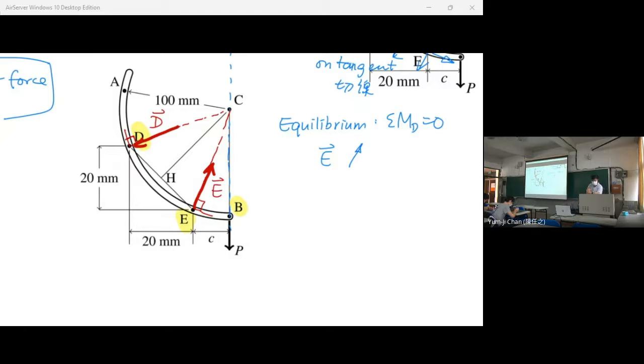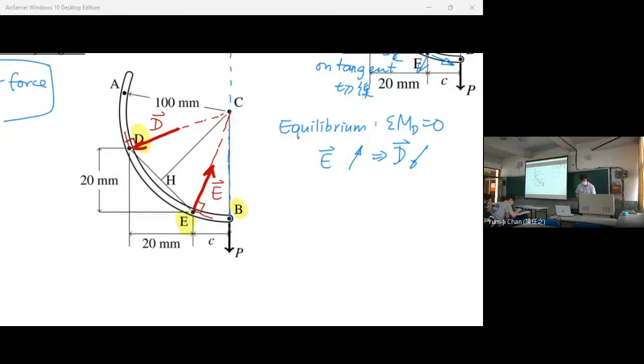The only problem is how should we go from here? We know D is going down and E is going up, but we don't know the angles yet.